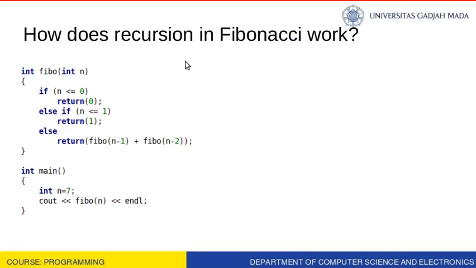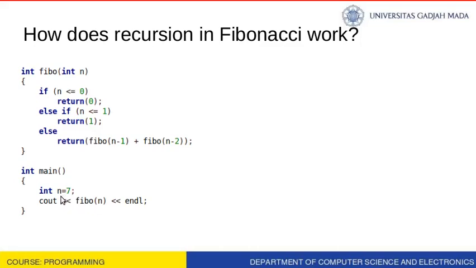How does recursion in Fibonacci work? So I take the first program and I will explain how it works. This is similar to the previous example, which is factorial problem. Now we will see how this Fibonacci will work by using recursion.